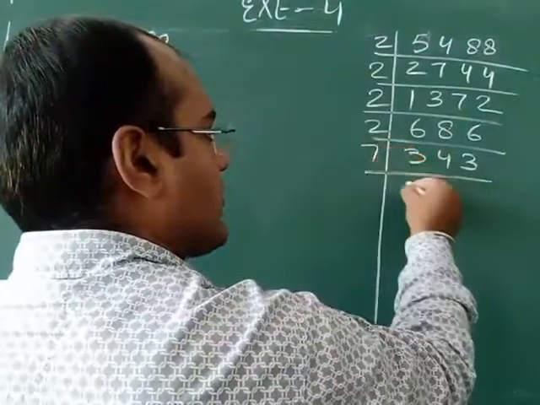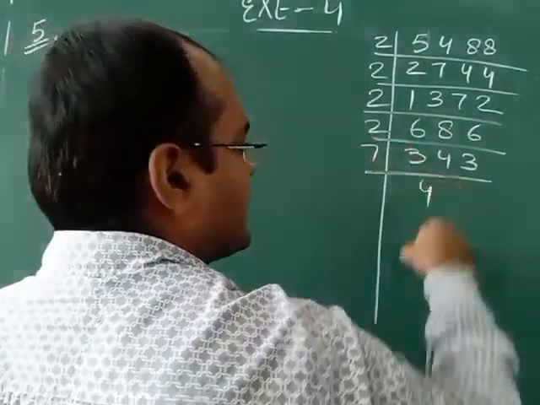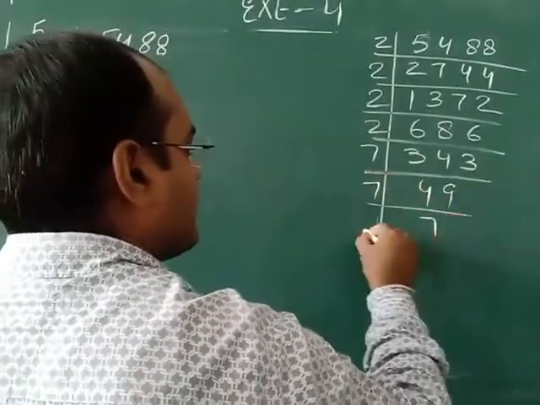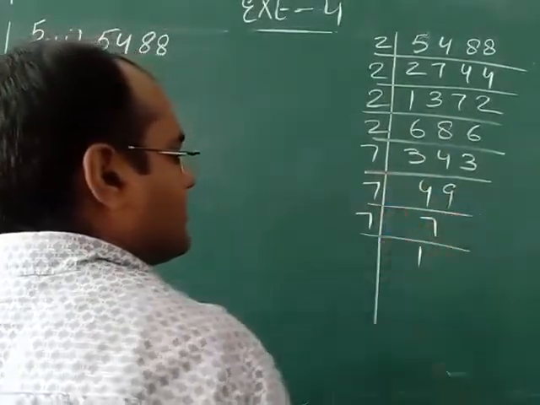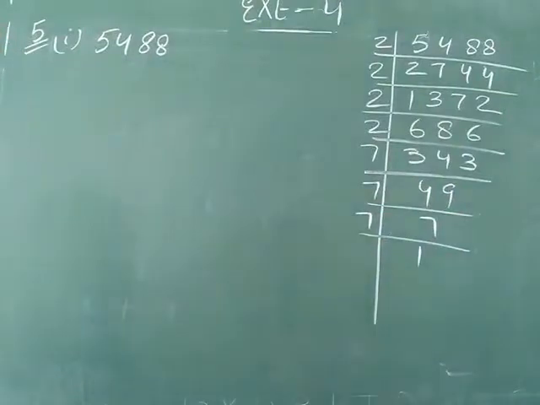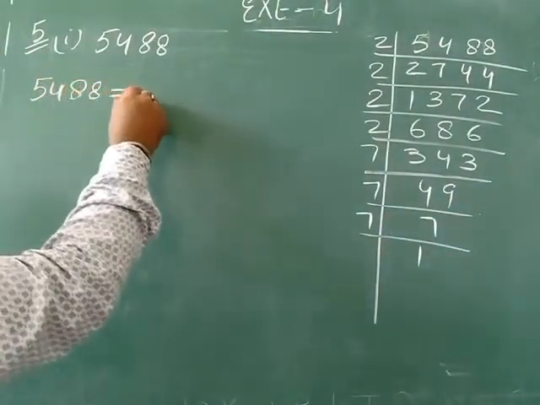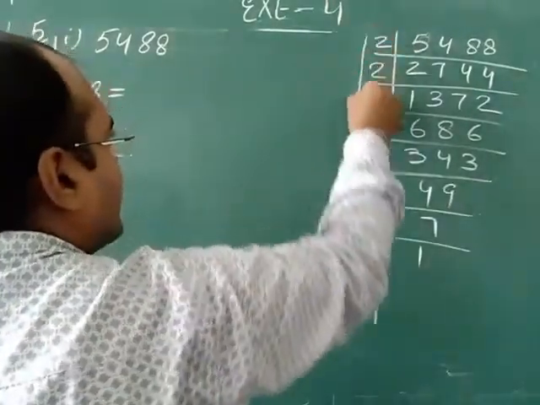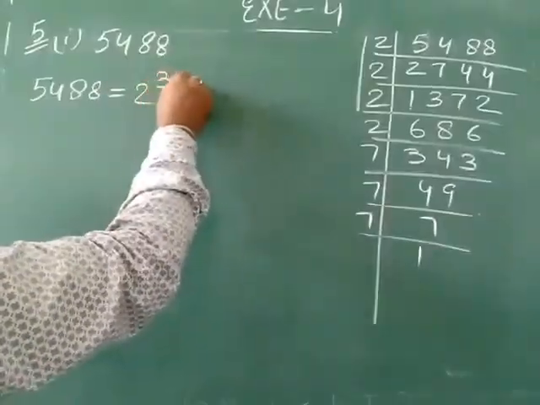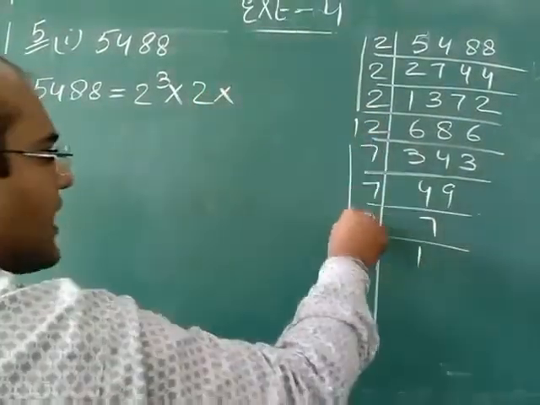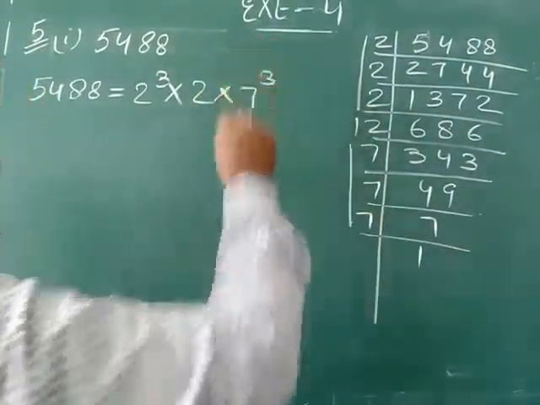So we will divide it by 7. 7 fours are 28, 7 nines are 63, 7 sevens are 49, 7 ones are 7. Now you have to write it. 5488 is 2 power 3 into 2 into 7 power 3.